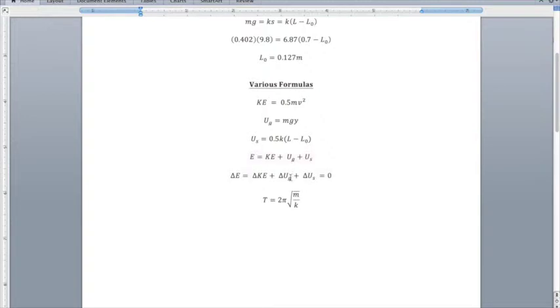The energy is the sum of kinetic energy, gravitational potential energy and spring potential energy, and then the energy principle, which is always equal to 0, is the change in kinetic energy plus the change in gravitational potential energy plus the change in spring potential energy. The equation to find the period T is equal to 2 pi radical m over k.